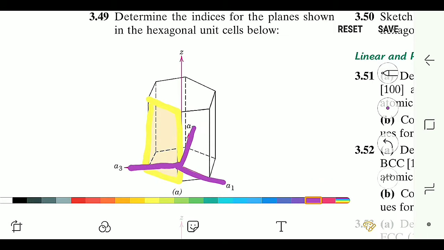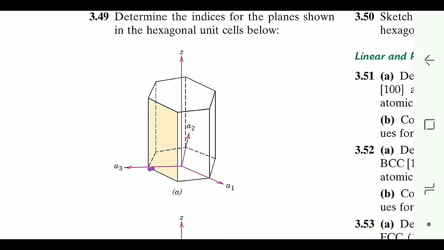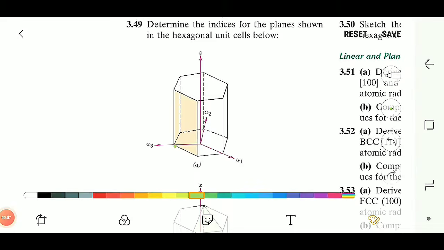I refer to this figure also on the paper, but for the initial thoughts, I'm just making you understand the diagram itself, that the plane is intersecting the A3 axis right at this point. So it is intersecting A3 right at the corner of the unit cell.